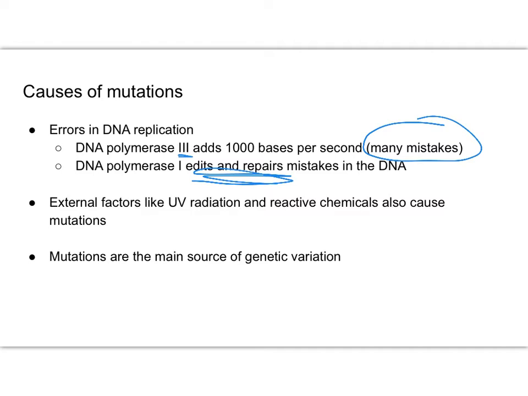So there are environmental or external factors that can also cause mutations. These things are called mutagens, right? So something that can cause a mutation is a mutagen. Things like UV radiation, so from the sun, reactive chemicals, radiation in general, like radiation from an X-ray, these can all cause mutations.